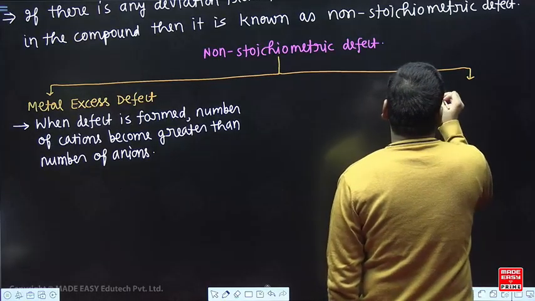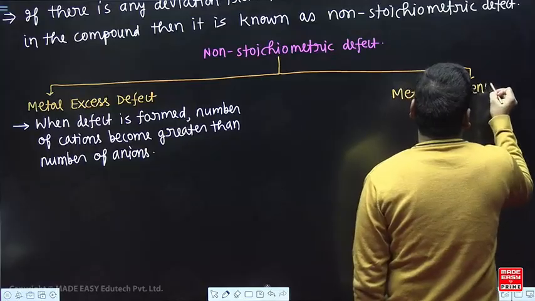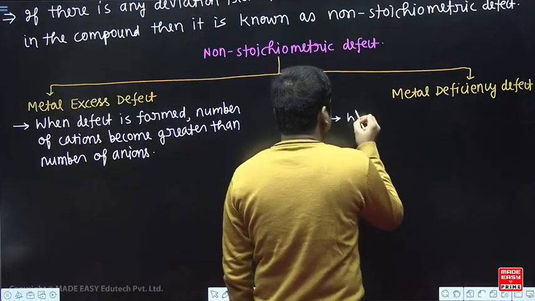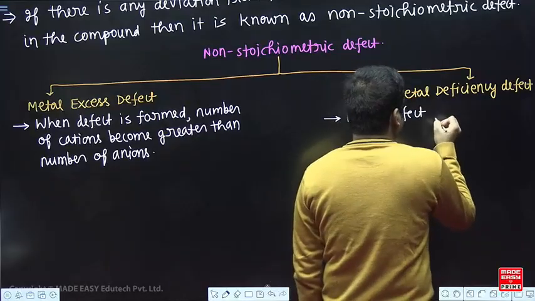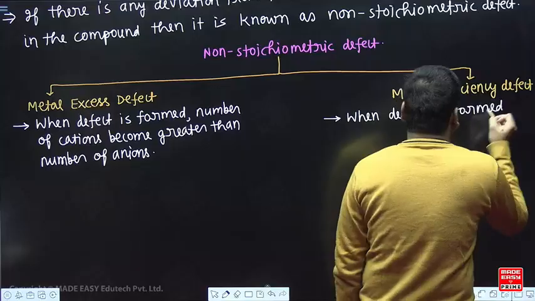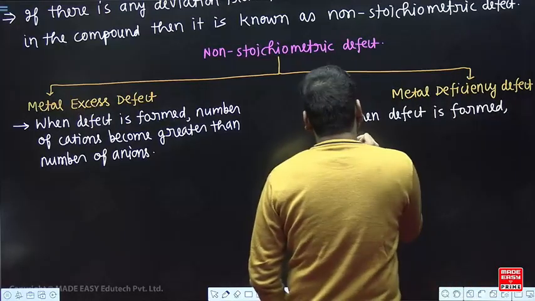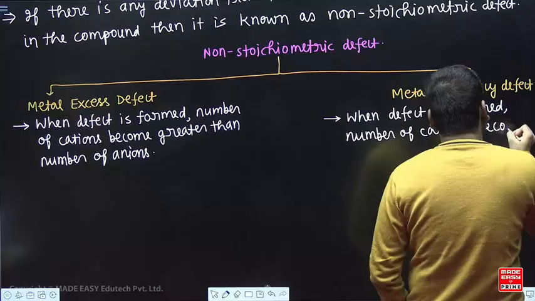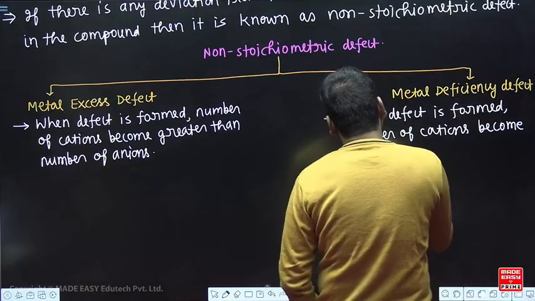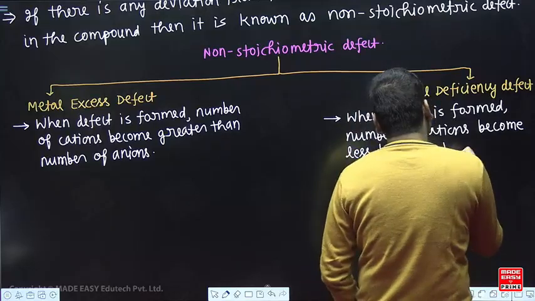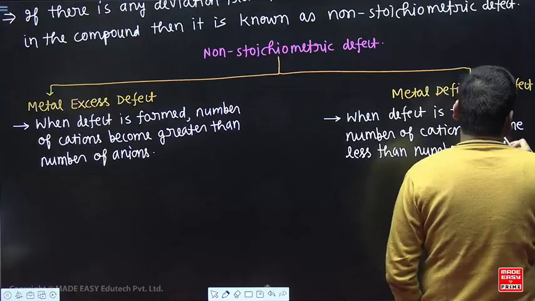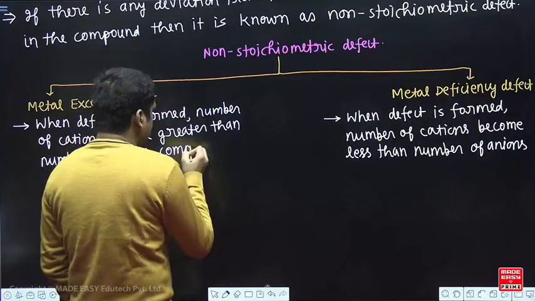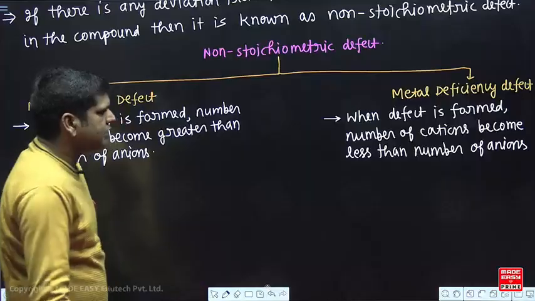When the defect is formed, the number of cations becomes less than the number of anions. ये as predicted by chemical formula के comparison में होगा, वो समझ में आ रहा है, स्टॉइकियोमेट्री की डेफिनिशन में ही मैंने बता दिया.